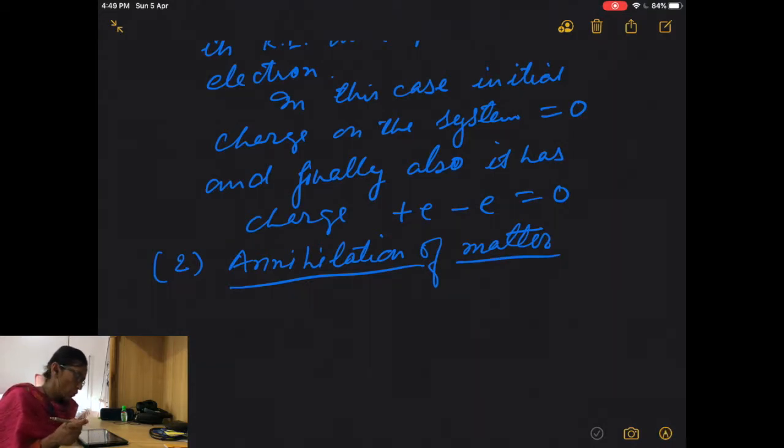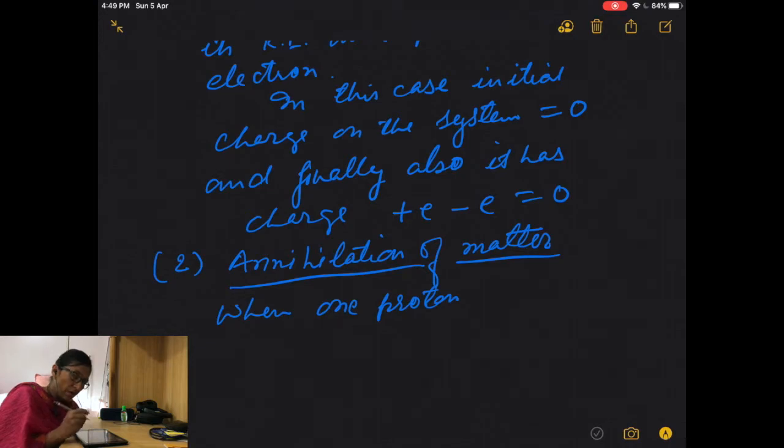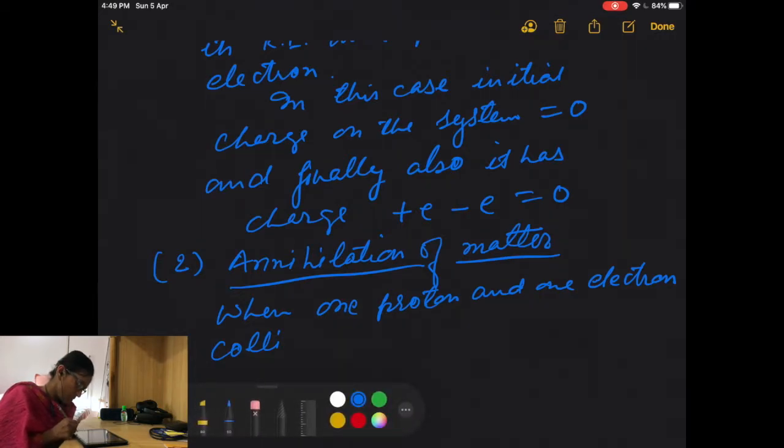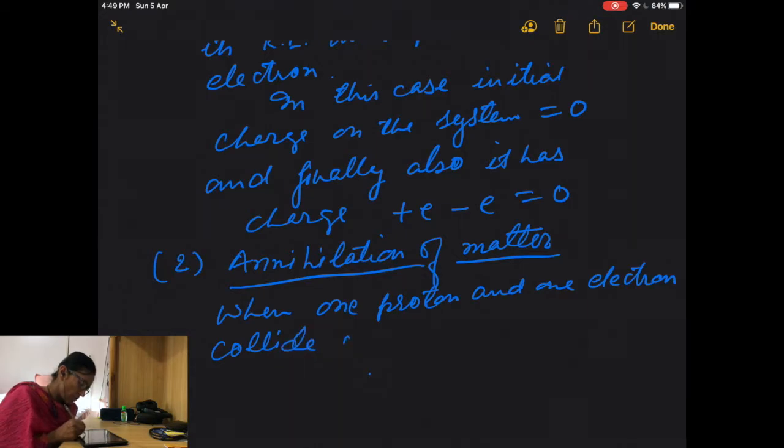When one proton and one electron collide with each other, two gamma rays are produced.